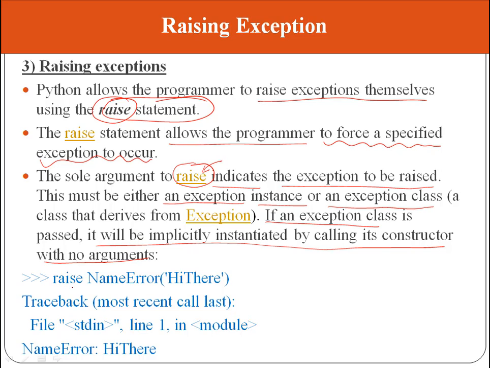See the example, raise NameError, hi there. So this is the exception the programmer wants to raise and what they want to display while raising it. In the traceback, it has displayed NameError and then hi there has been printed over here.